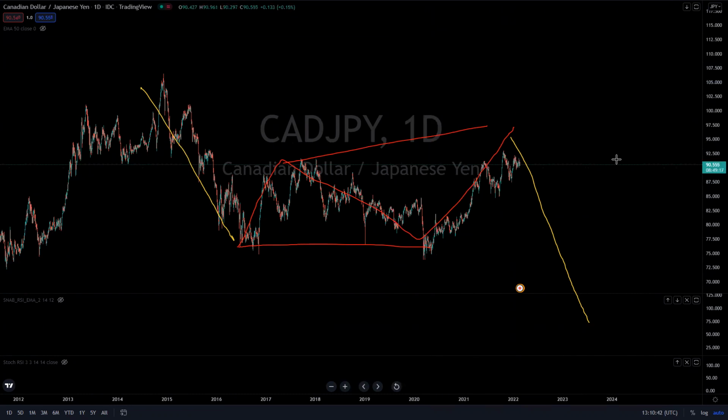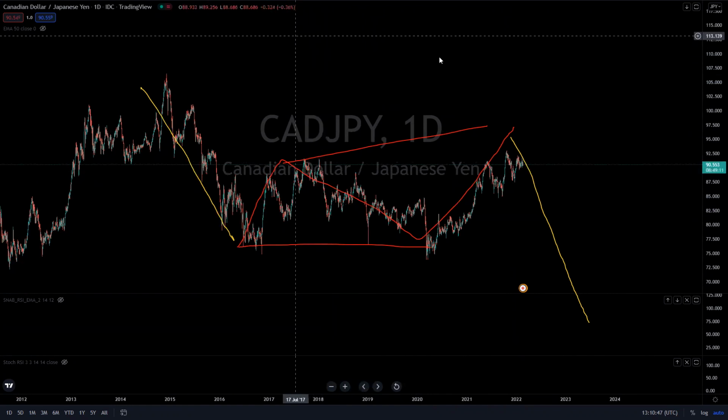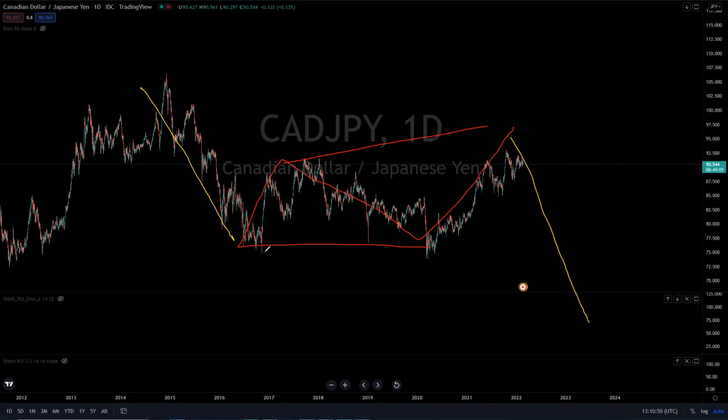All right, so in the green degree, we have here what appears to have been 1, 2, 3 waves going up, and then we also have 1, 2, and 3 waves coming down.